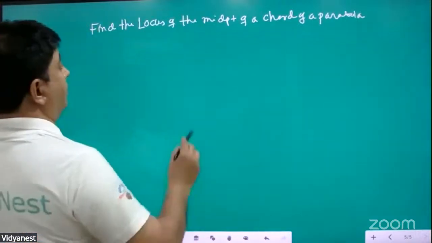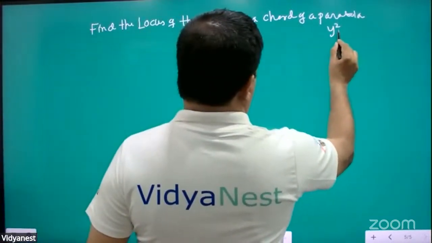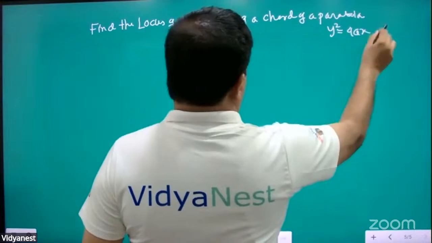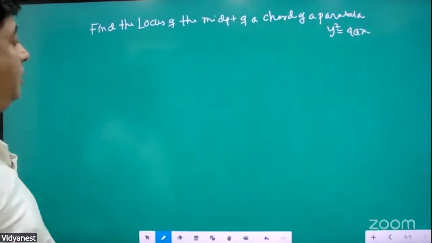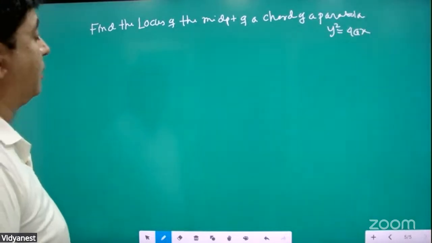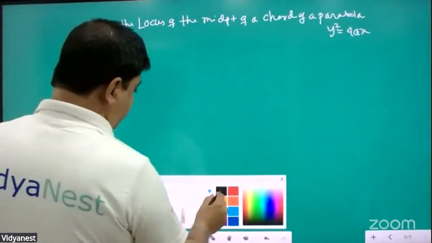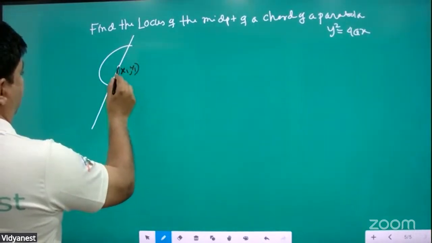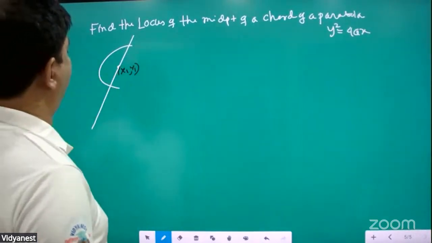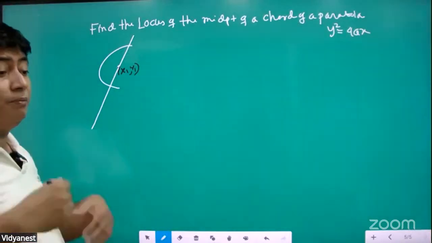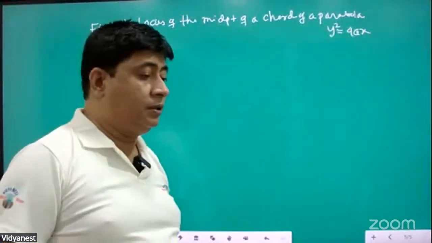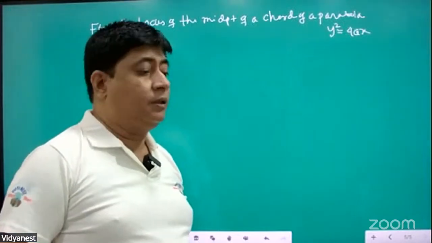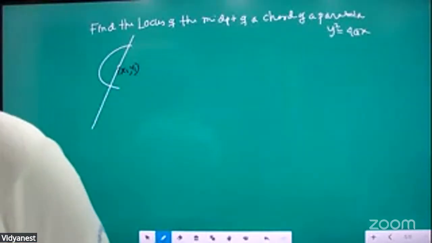The parabola is y square is equal to 4ax. Let us find the locus of the midpoint of the chord of the parabola. It will be like this. This is a chord. That is the midpoint (x1, y1). And I have to find the locus of the midpoint. Means, where does the midpoint lie?